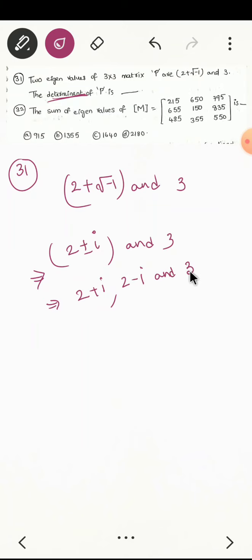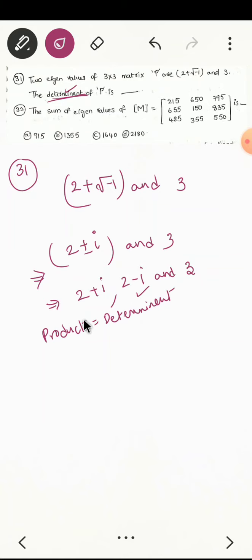If you know the eigenvalues are 2 plus i, 2 minus i and 3, how will you find the determinant of P? As we know, the product of eigenvalues is equal to the determinant of the matrix. So if we take the product of these 3 eigenvalues, that is directly the determinant.